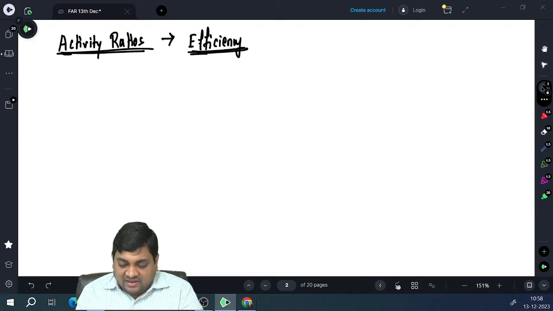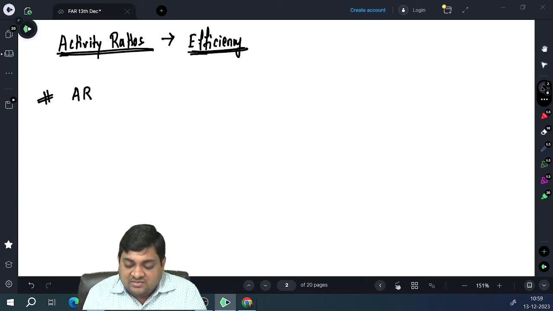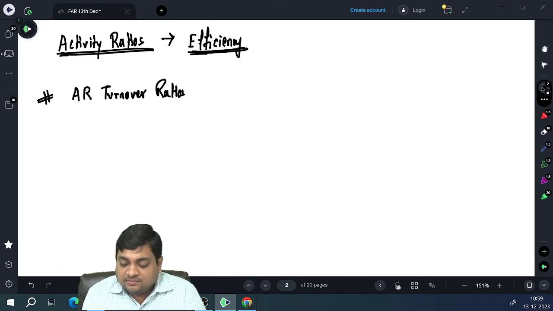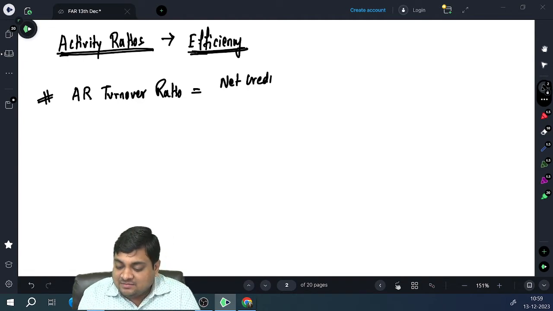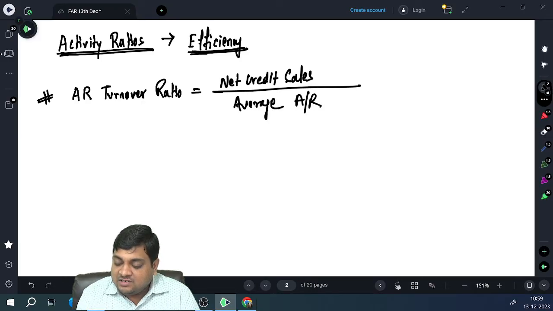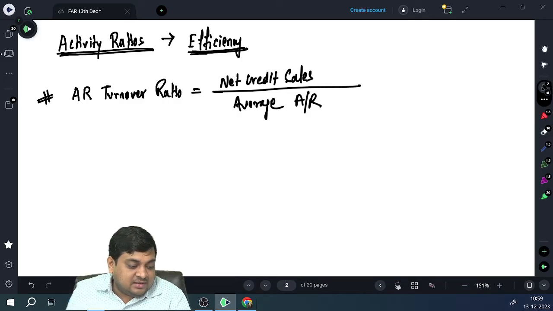So the common activity ratios are, we have accounts receivable turnover ratio, so basically this is net credit sales divided by average accounts receivable.